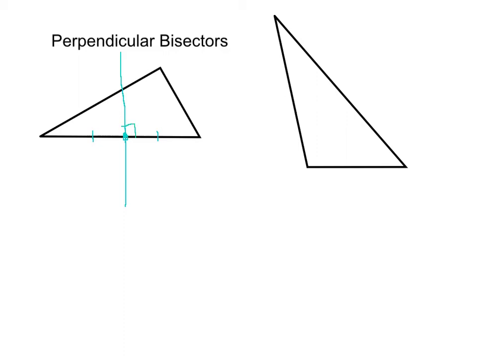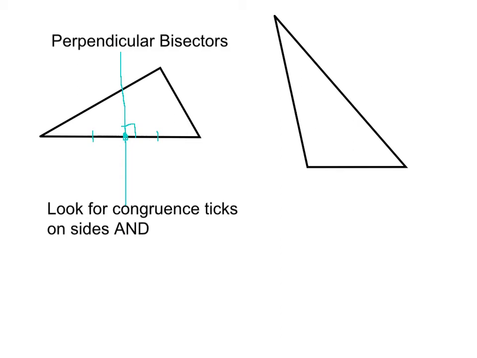So what I'm looking for here are these tick marks and a perpendicular. So look for congruence ticks on sides, and perpendicular, which means we're looking for the right angle box.